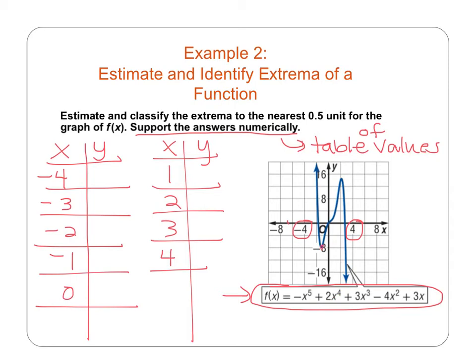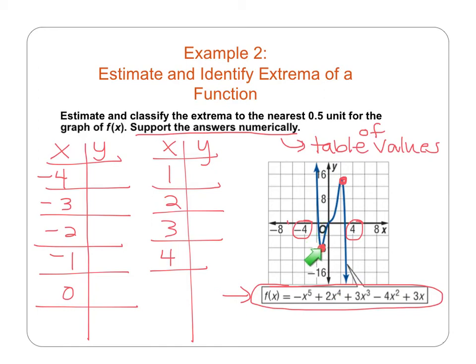However, this point right here and this point right here, I need to determine as being a relative min or relative max. This point here is going to be a relative minimum because it's the lowest point on the graph compared to those points around it.